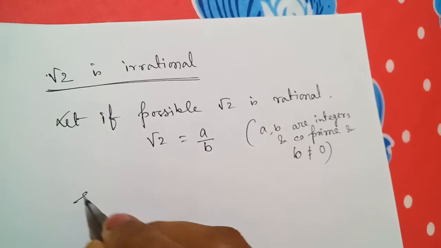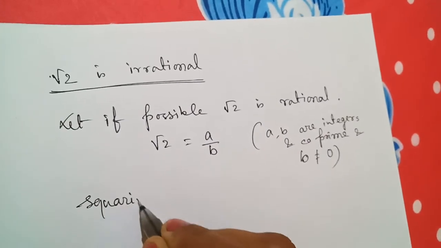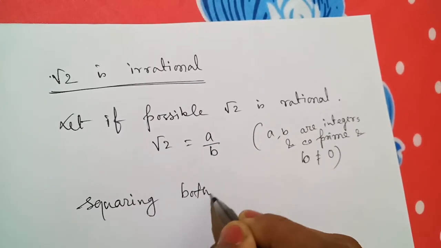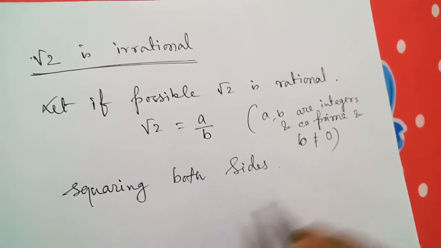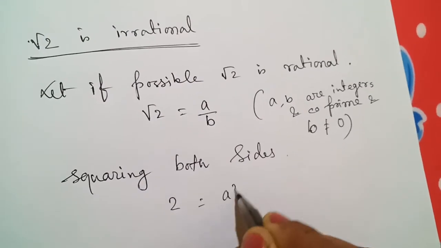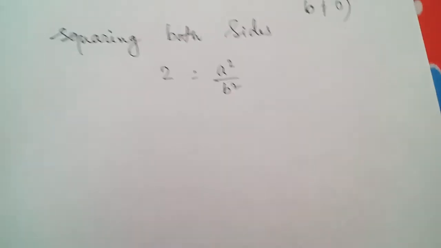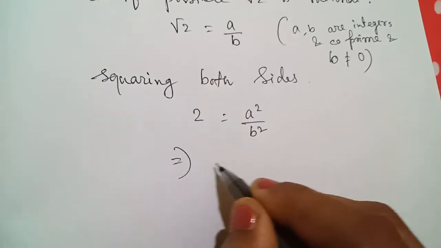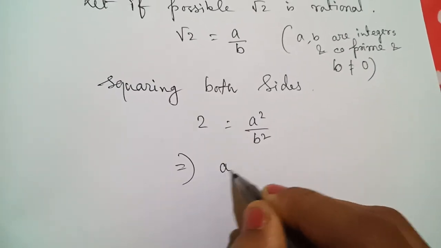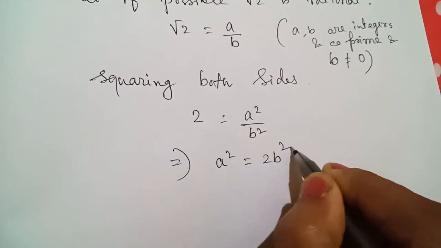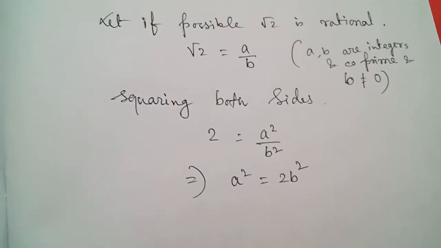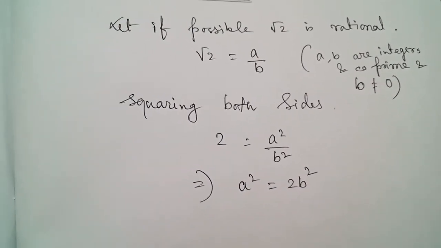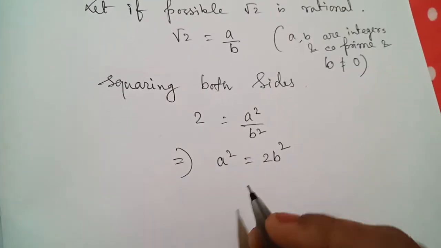Now squaring both sides, what we will get? We will get 2 equals A square by B square. From this we can write down A square equals 2B square. Right? A square equals 2B square.